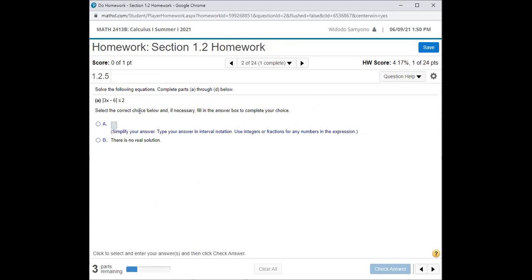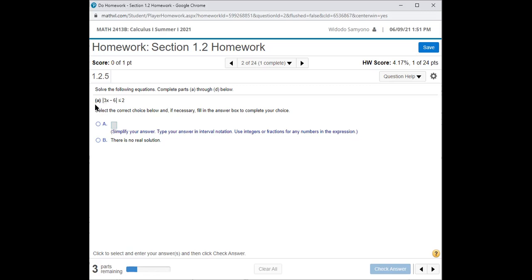So for this case, you have negative 2 on the left side, right? And then you have 3x minus 6, and then less than 2, right? So in order to remove this, you need to add all of this with 6, right?